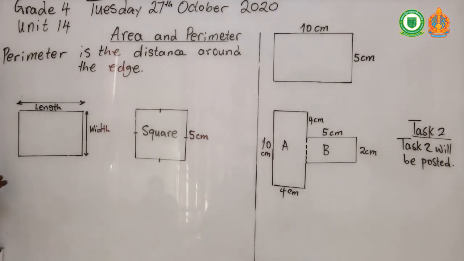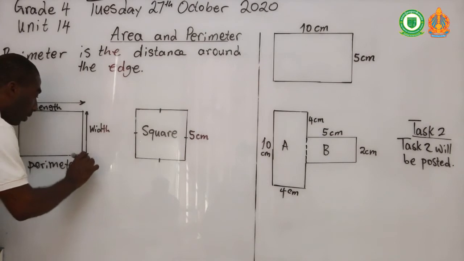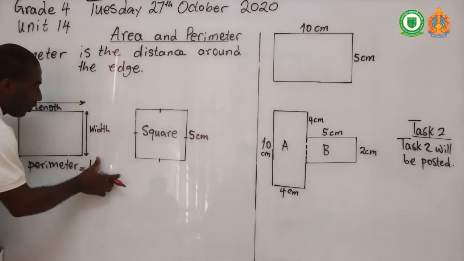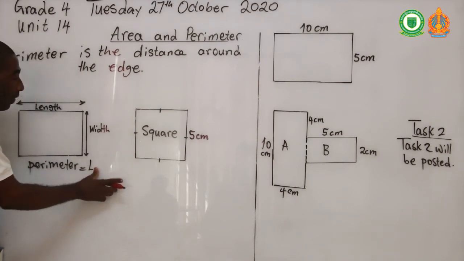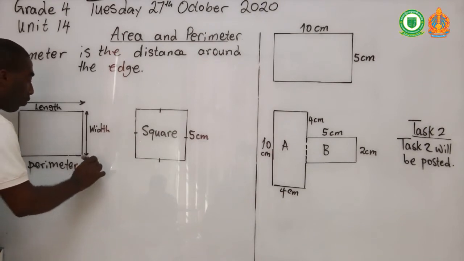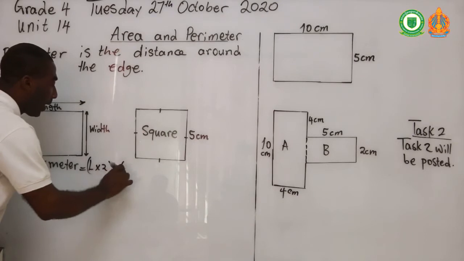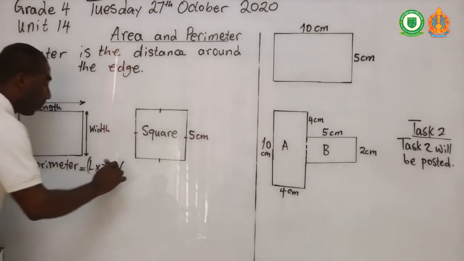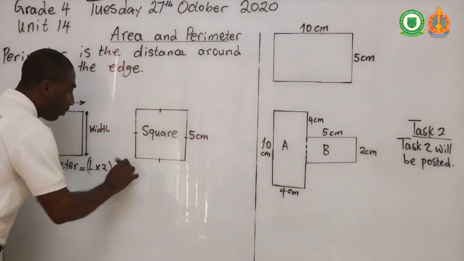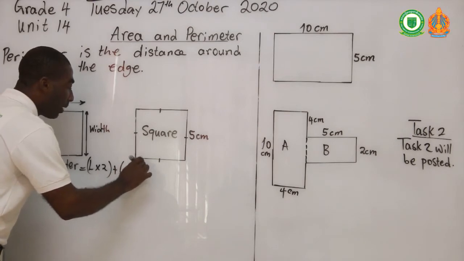We can say that perimeter is equal to length. Okay, so let's use L for our length. We'll multiply by 2, we'll put it in a bracket, plus our width, which we can say W, also multiplied by 2.